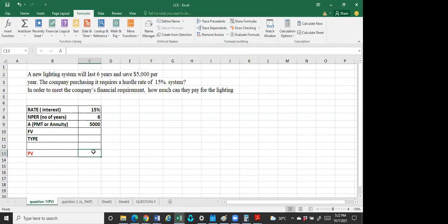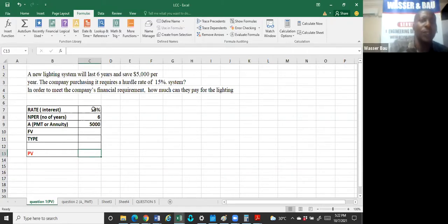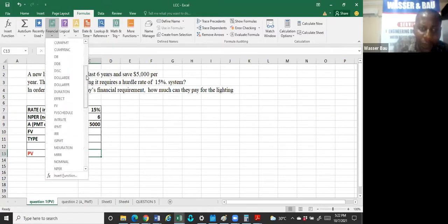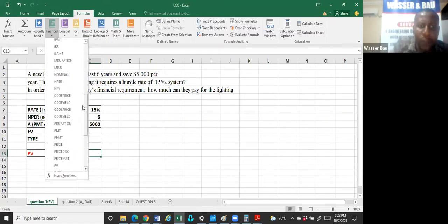You format a table like this yourself in Excel. You now go to the formulas menu. You go to the ribbon called financials. Under financial, you see a small flyout. You click on it. It will bring up hundreds of formulas for you. You now scroll down and go to PV, present value.